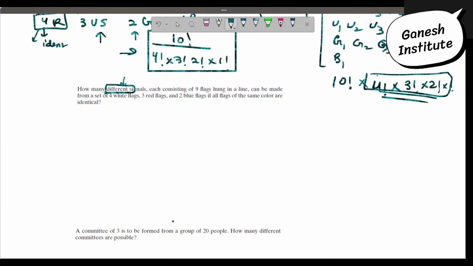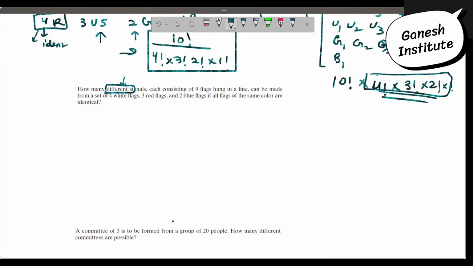When there is no different, it is a choice that you have to choose without any condition, just choose. They are asking, they have put in the condition that those have to be different. So permutation.